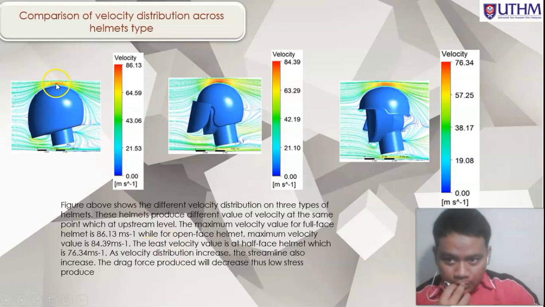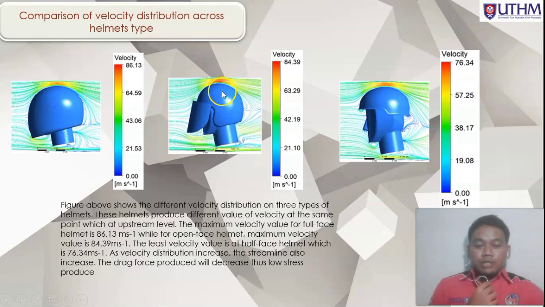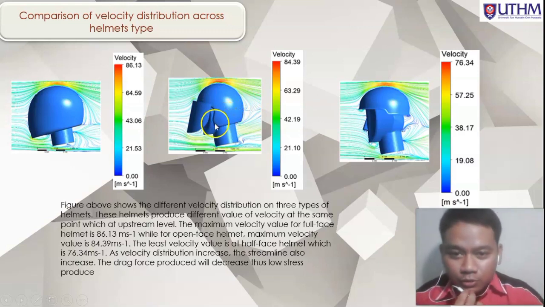So the point is, when high velocity happens at the helmet, the velocity will cause the streamlines to increase, and also the drag force, which is in the opposite direction from the thrust force that happens in the movement of the motorcycle. So the drag force decreases, and thus the stress produced also increases.